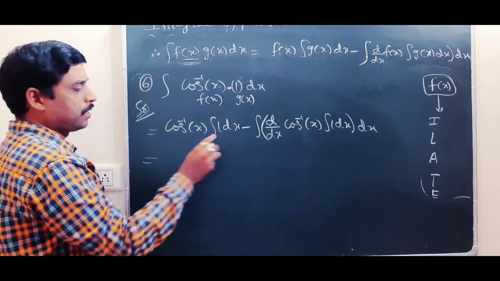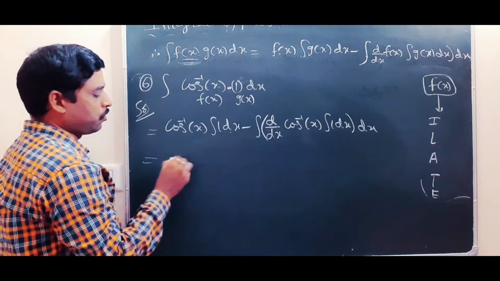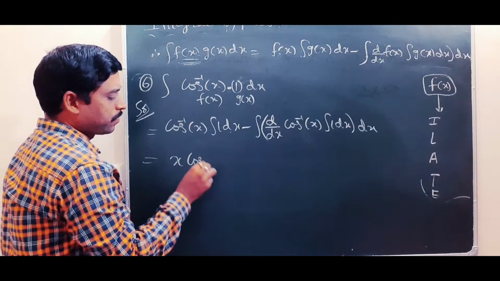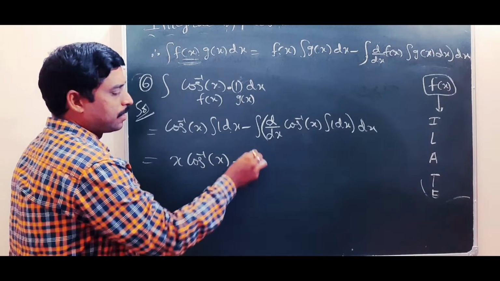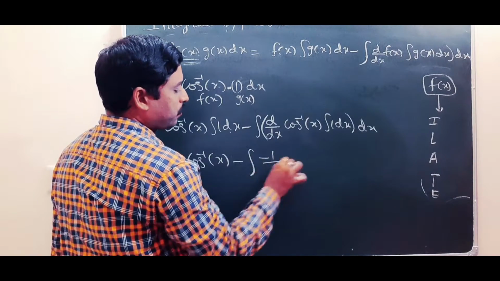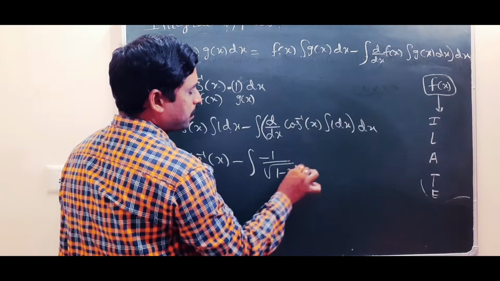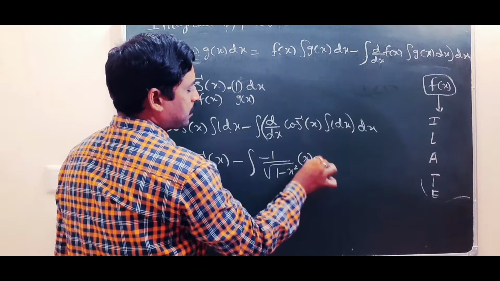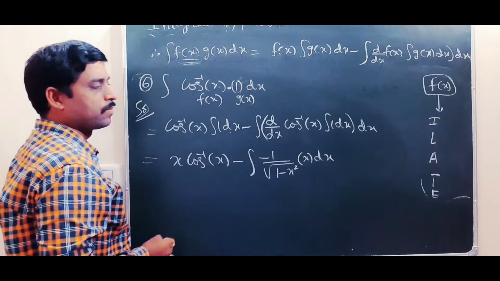It will be integral 1 dx, it will be x cos inverse x, differentiation of cos inverse x will be minus 1 by root 1 minus x square, 1 dx value x plus c.